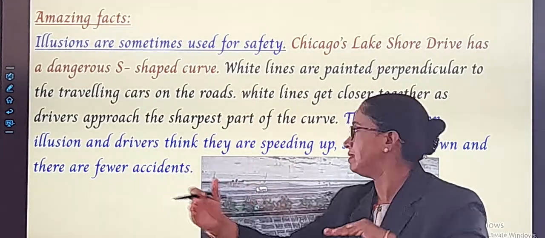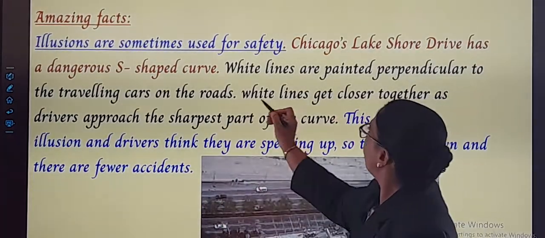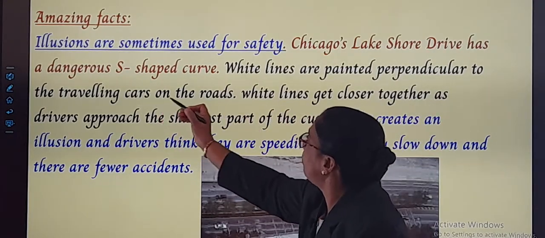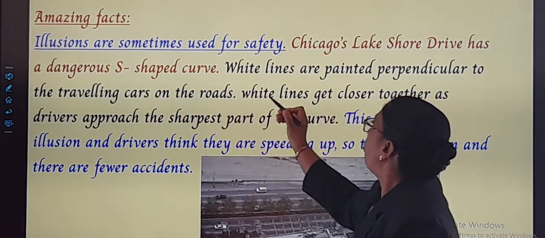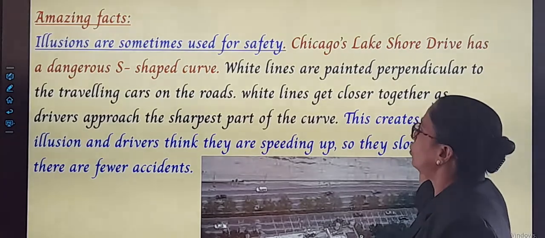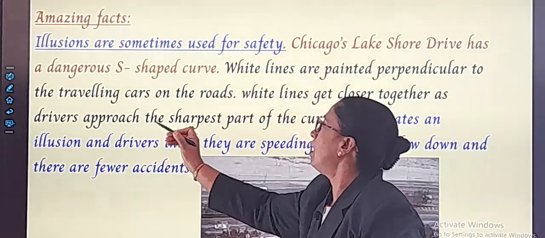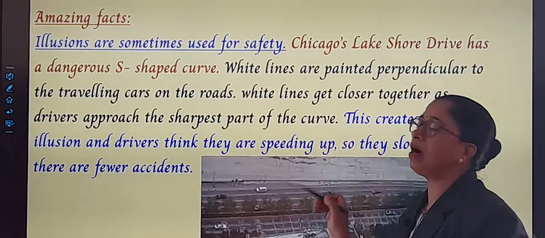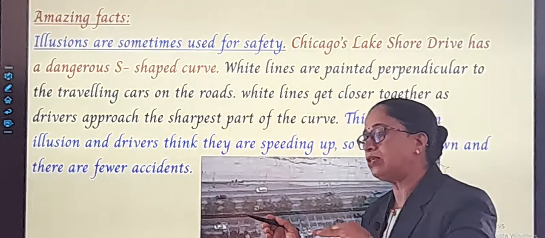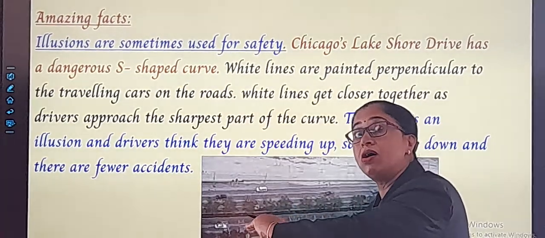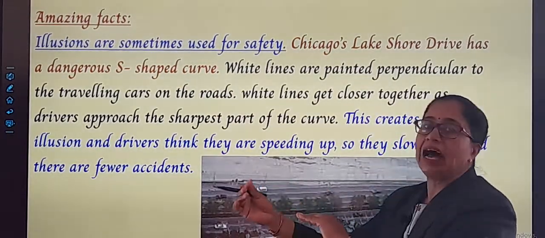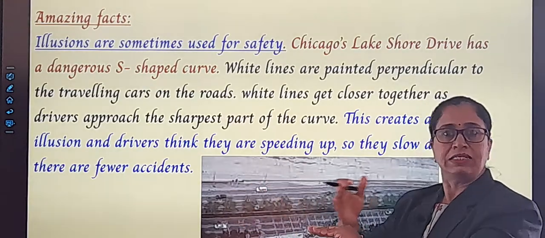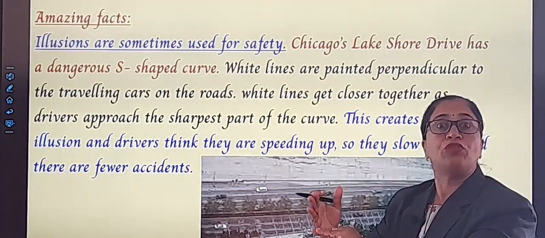As you are traveling in the car, the white lines get closer together as a driver approaches the sharpest part of the curve. As he reaches the sharpest curve, it seems that the perpendicular lines are coming closer much faster.